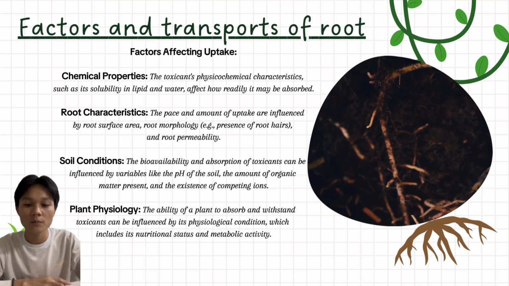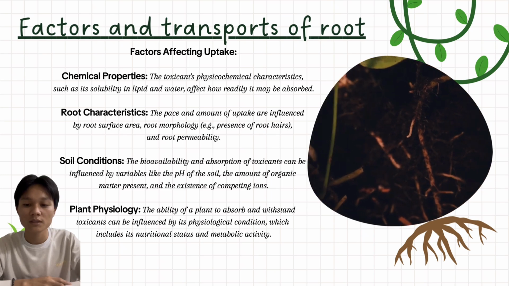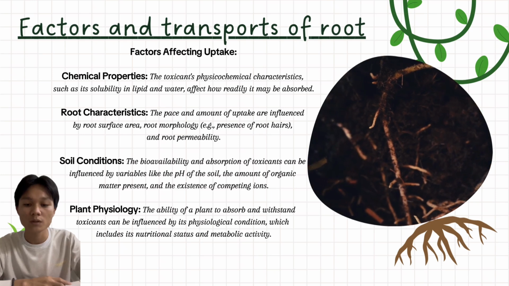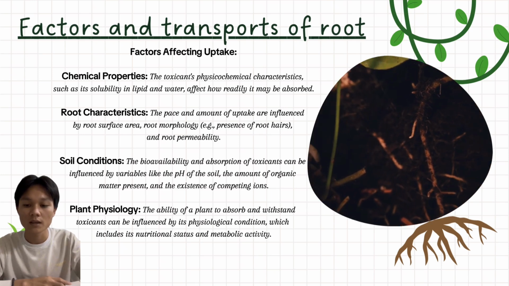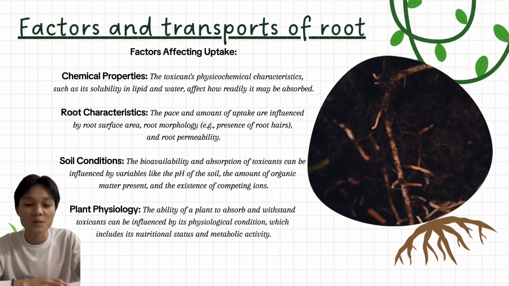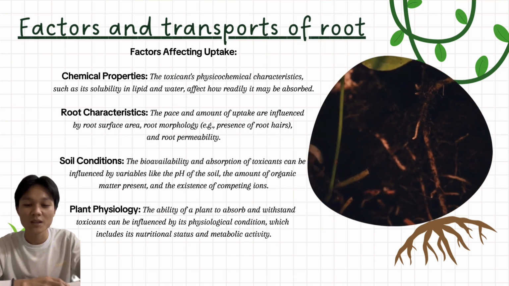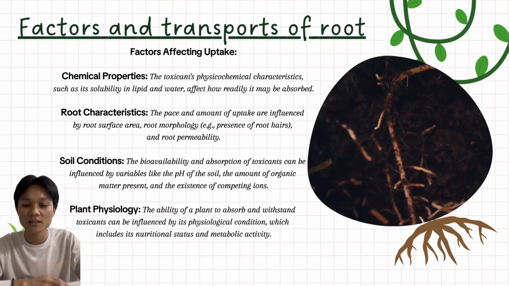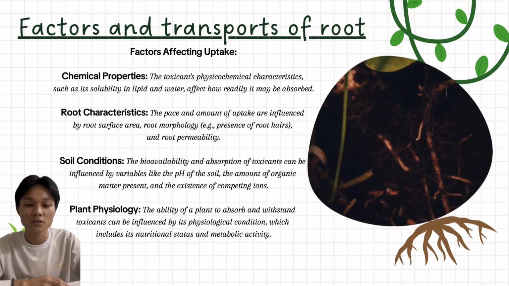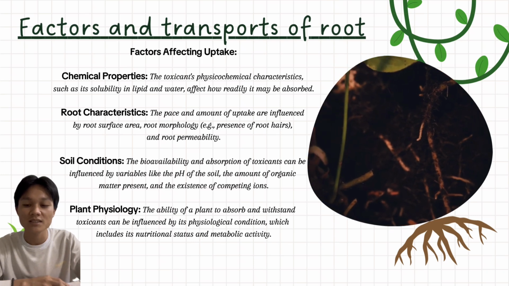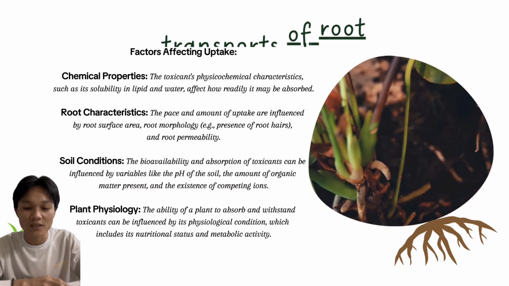The bioavailability and absorption of toxicants can be influenced by variables like the pH of the soil, the amount of organic matter present, and the existence of competing ions. Lastly is plant physiology. The ability of a plant to absorb and withstand toxicants can be influenced by its physiological condition, which includes its nutritional status and metabolic activities.